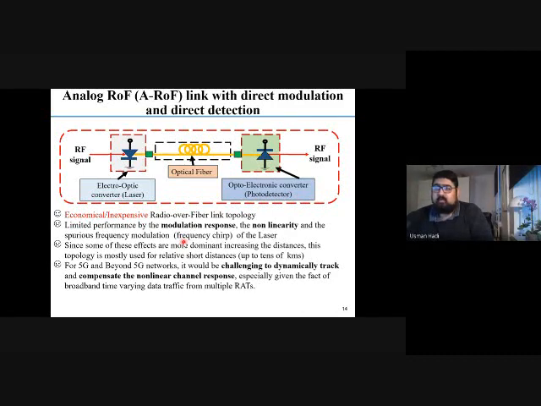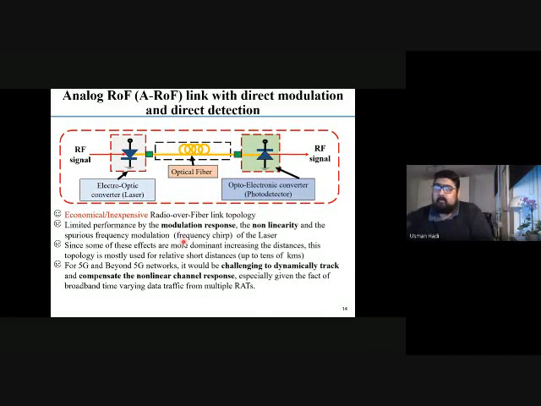The first issue is that its performance is limited by the modulation response. By that I mean that there are nonlinearities linked to these components. For example, the laser diode has nonlinearity. Fiber has its attenuation. By attenuation, I mean the loss of signal when it travels through the optical fiber.